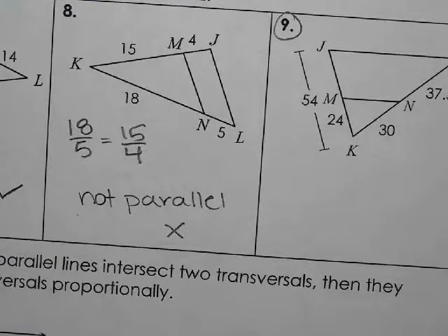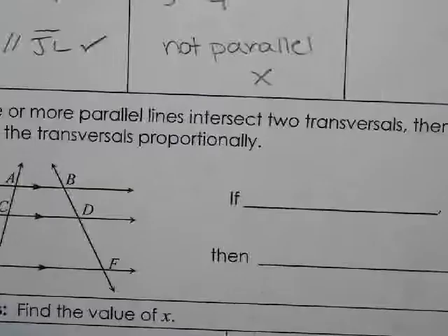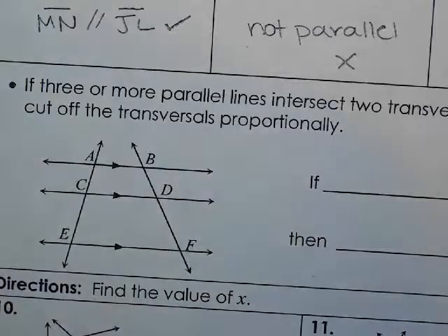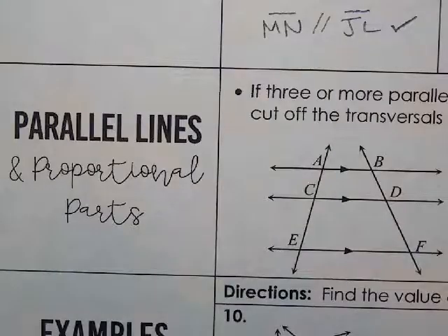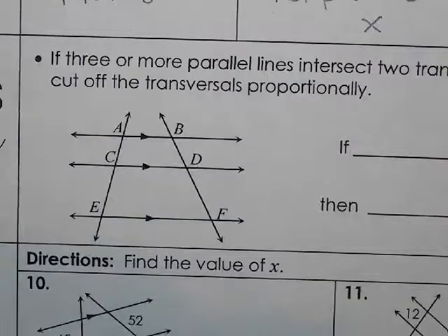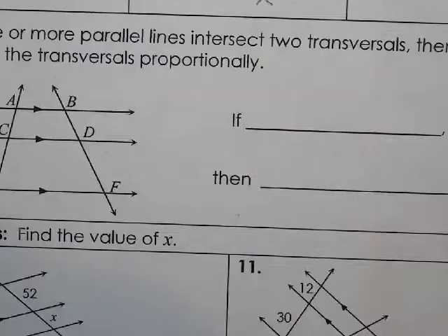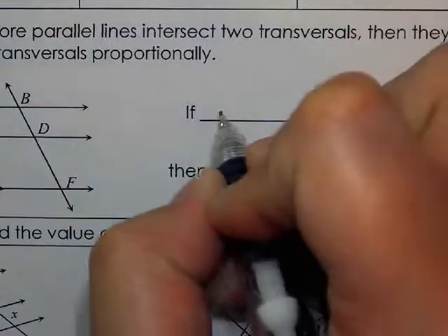Now, for the next one, this is an extension of the side splitter theorem. This is truly just parallel lines and then proportionality, because you're not really splitting sides, you're splitting lines. We could call it the line splitter theorem, I guess. But this one is very similar. It says if, and this time we're not talking about a line segment, we're talking about a line that keeps going.